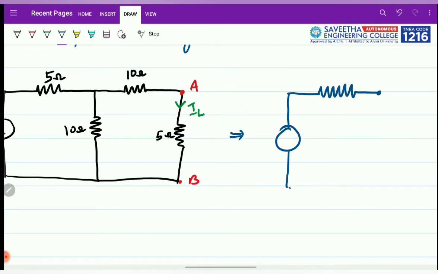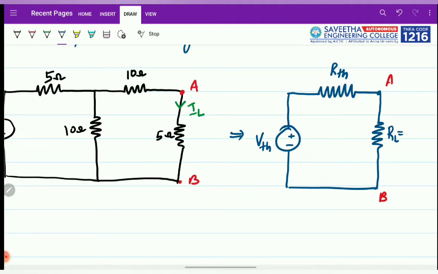Okay, so this is the Thevenin equivalent circuit, where this is the voltage which is called the Thevenin equivalent voltage VTH, and this is the Thevenin equivalent resistance RTH, and these two terminals are A and B, where you have the load resistance something like this, which is RL. In this case it is 5 ohm, and the current in this is given as IL.